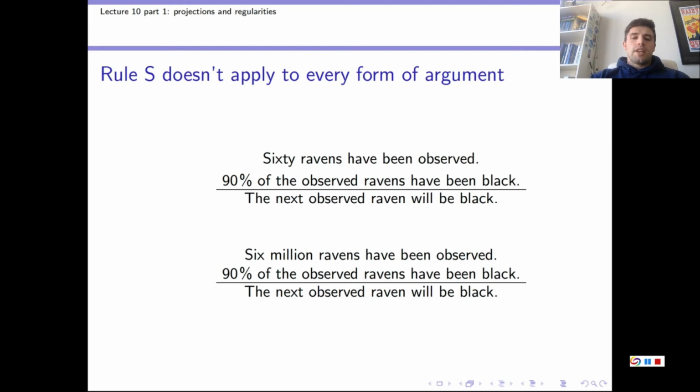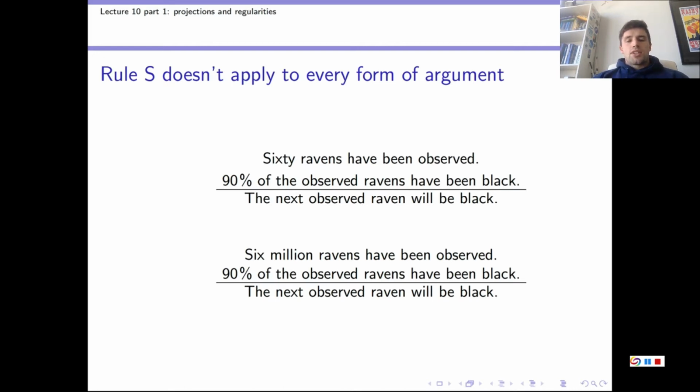Now, scientific inductive logic should be able to assign inductive probabilities to these 2 arguments, and in assigning these probabilities, it should be able to take into account that the first premise in the second argument involves a much larger body of evidence than the first premise in the first argument, right? We're talking about 6 million ravens in the second argument, but only 60 ravens in the first argument.